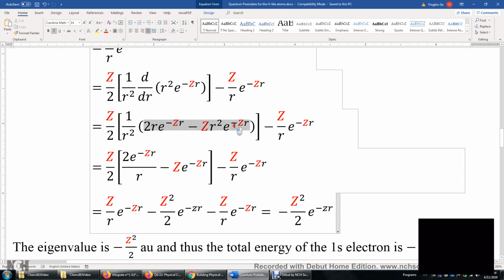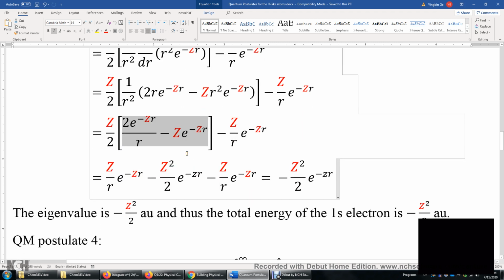We'll simplify the first two terms. Again, we divide these two terms by r squared, and we get these two terms. After some more simplification, we get three terms here. The first one is equal to the third one, but with an opposite sign. Therefore, the first and third terms cancel. We have only the second term left in the final result.